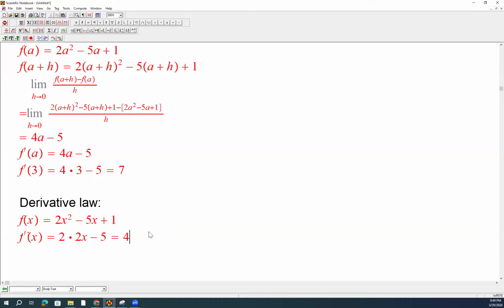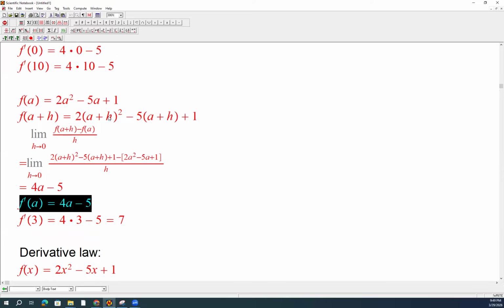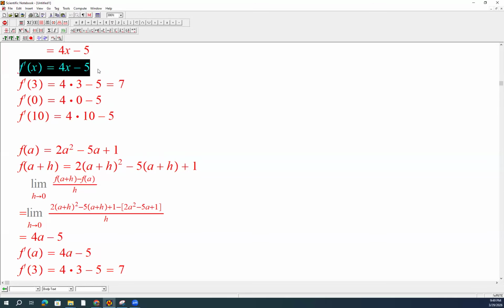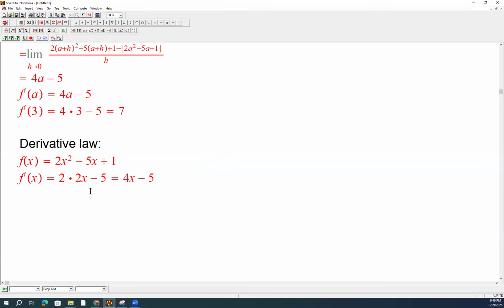And that is 4x minus 5, which is the same formula here and there. From there, we will be able to find the derivative at any number. So if I want to find the derivative at 3, I will just plug in 4 times 3 minus 5, and I will also get 7.